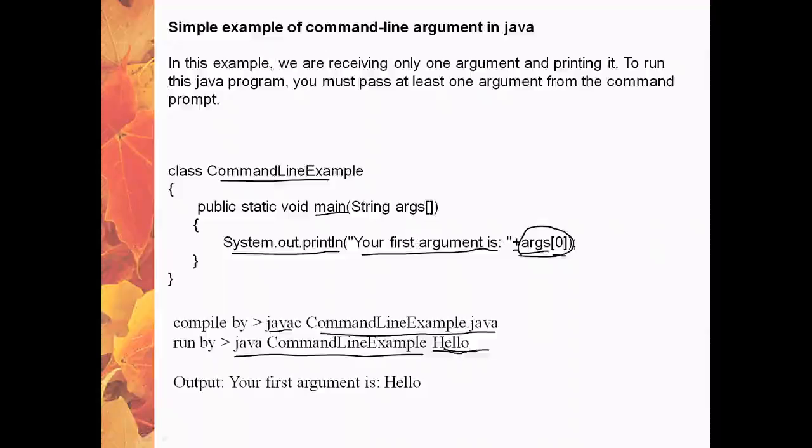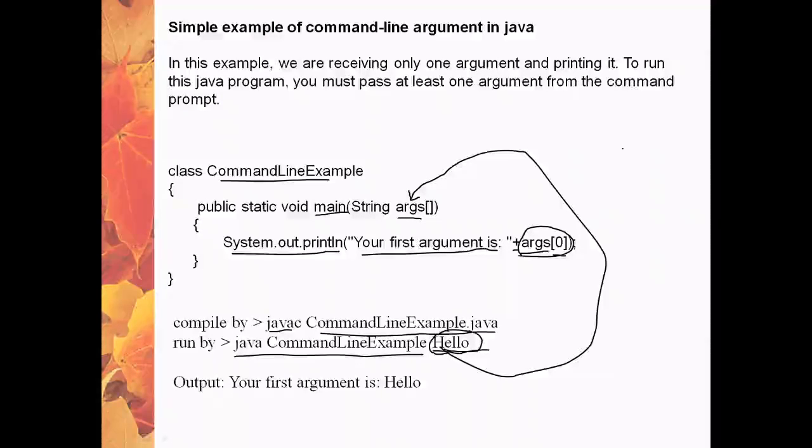That means this hello is a command line argument which is passed from the console. So when we pass hello as a command line argument, this argument is stored in the args array. In the main function we have String args, that is an array of strings. So whatever arguments we pass from the command line, all those arguments are stored in this args.